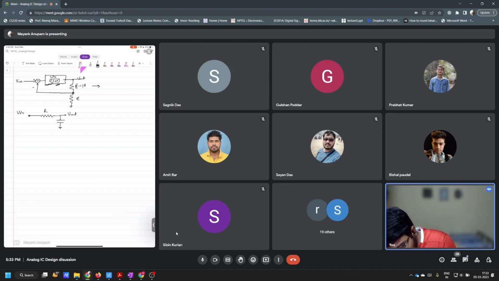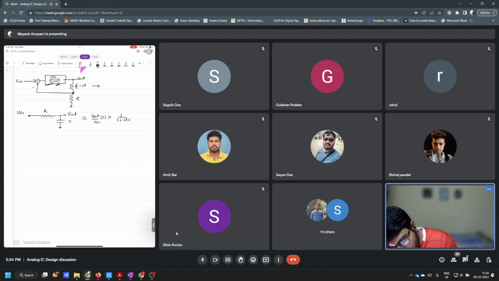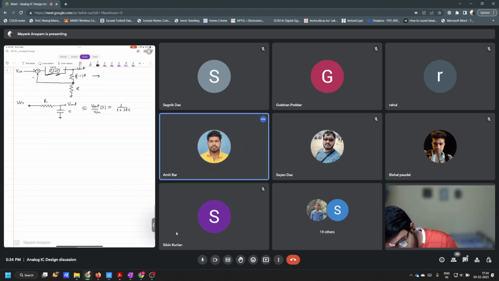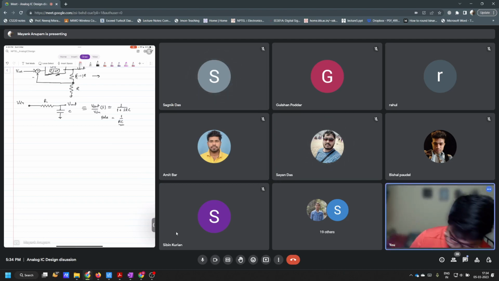This is R, this is C. So what is V out by V in in this domain? 1 by 1 plus s R C, right? In this case, what is the pole location? 1 by RC. Right? Fine.